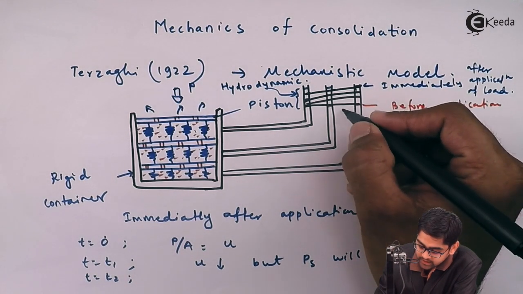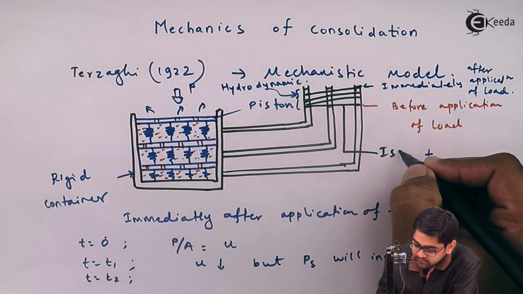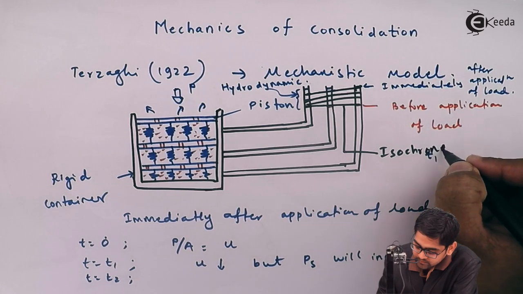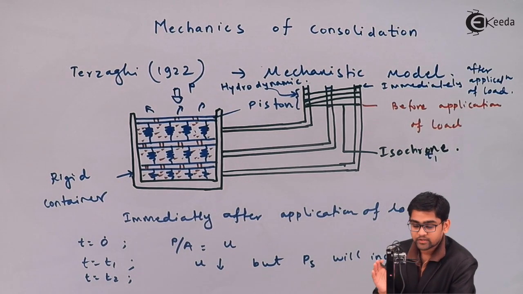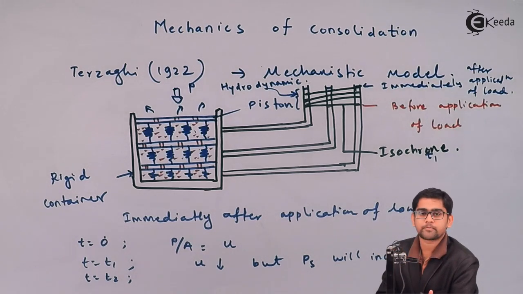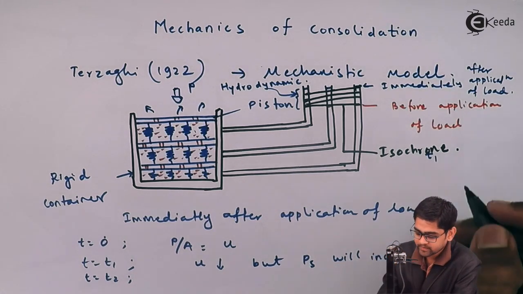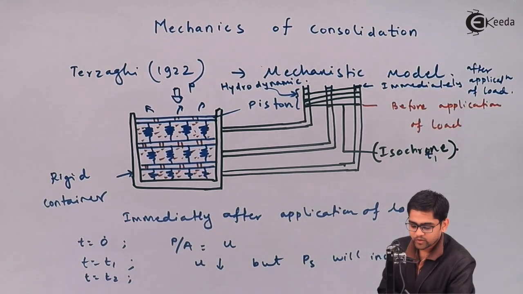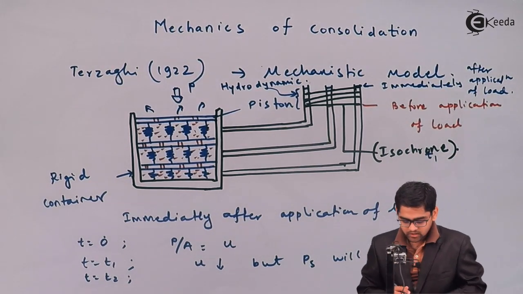We call it the Isochrone: the curve joining the equal pore water pressure at a particular time.